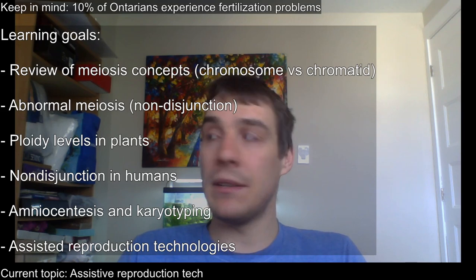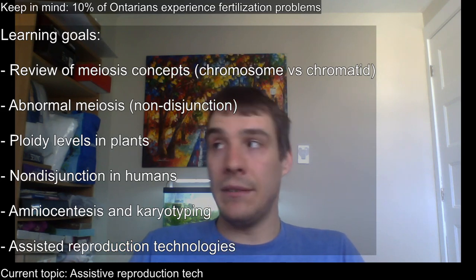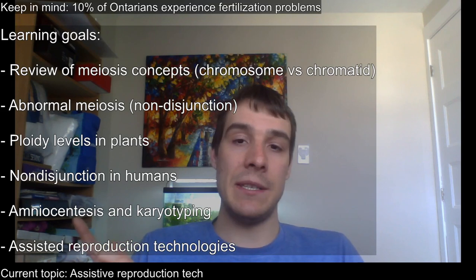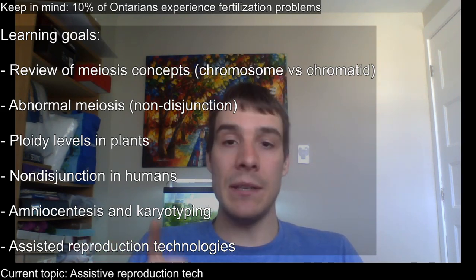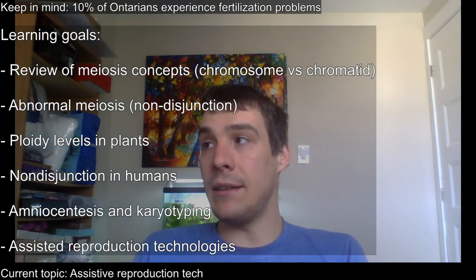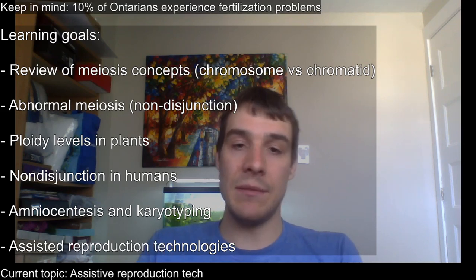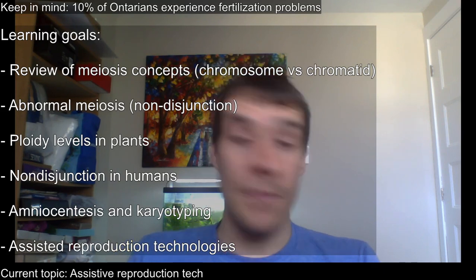We've talked about nondisjunction in humans and some of the risk factors for that, in particular age. We talked about amniocentesis, the method of pulling out the baby's DNA straight from the womb without affecting the baby. We talked about karyotyping, laying out those chromosomes to make sure that they're okay. And we've talked about assisted reproduction techniques, assisted reproductive technologies, and the Assisted Human Reproduction Act.